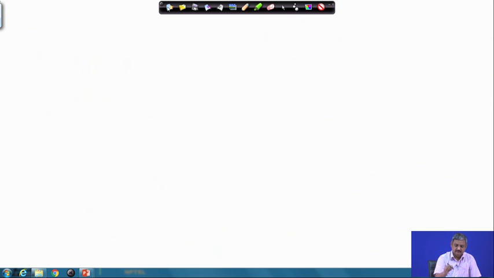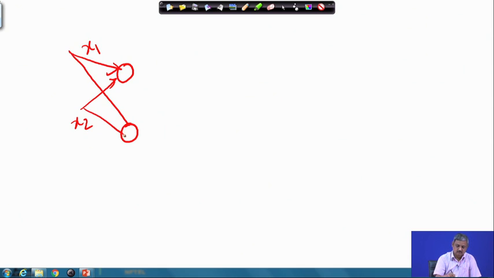The same idea: if not a single perceptron, you add up two perceptrons. This is perceptron 1 and perceptron 2, and the output of these two perceptrons you feed as input to a third perceptron.